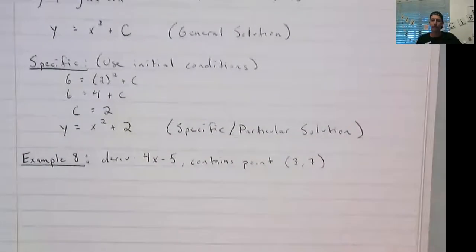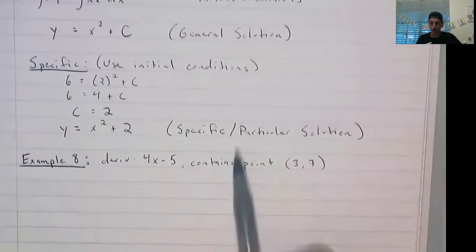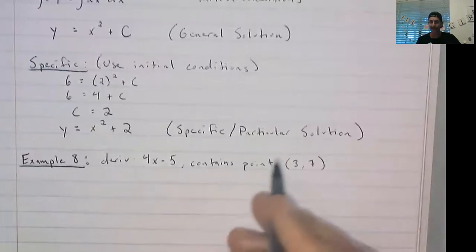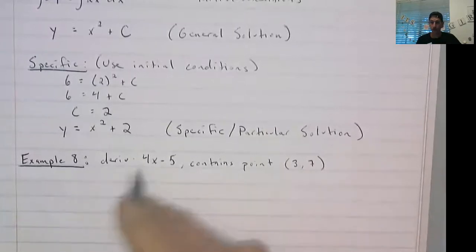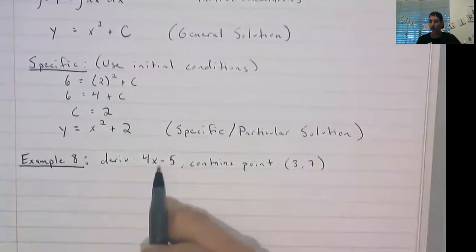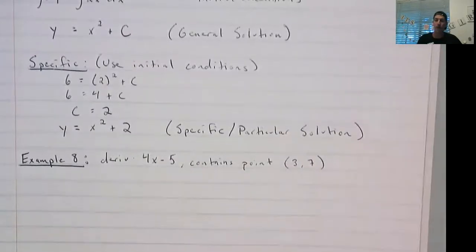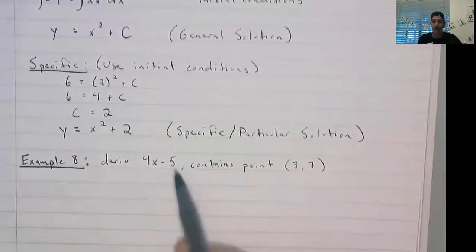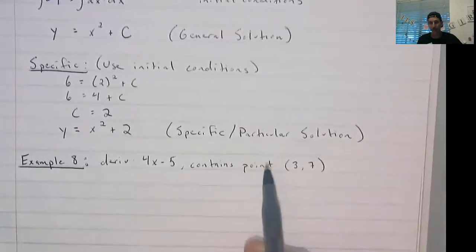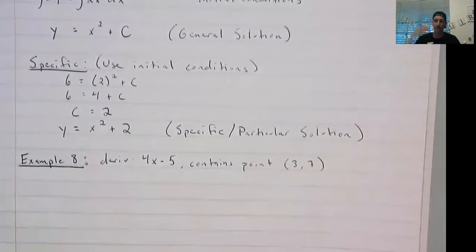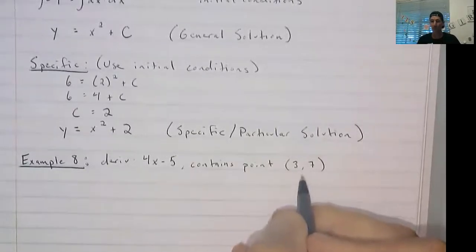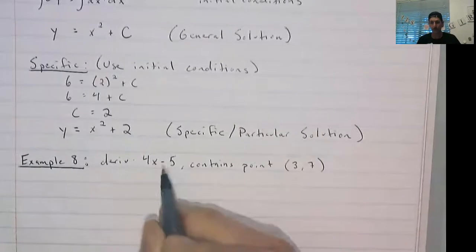So we want to find the equation of a curve whose derivative is 4x minus 5 and contains the point (3, 7). We don't know what the equation is, but we do know its derivative. And so we can use this process of antidifferentiation to find the antiderivative, the equation which generates this derivative. Because it's going to have that arbitrary c in there, in this family of functions, but because we now have this initial condition, we'll actually be able to find the particular equation that yields this derivative and contains this point.